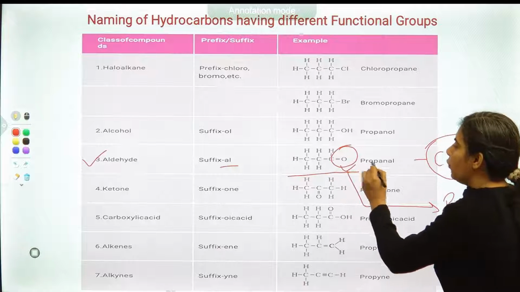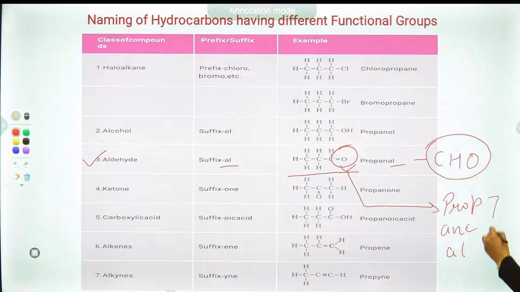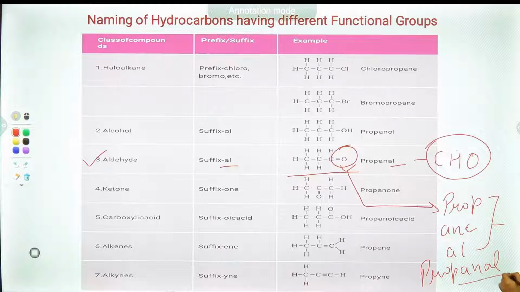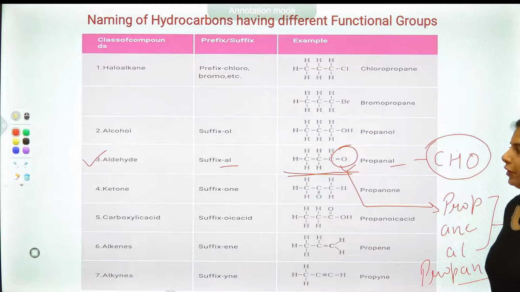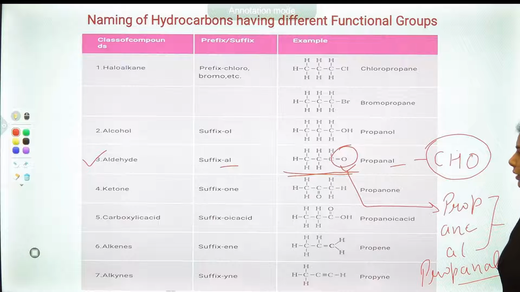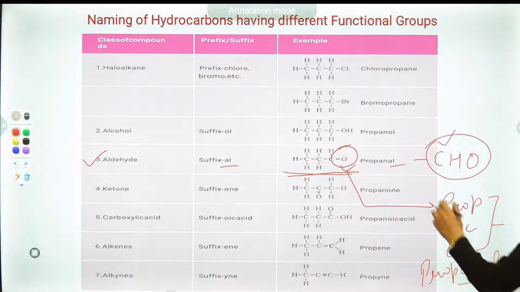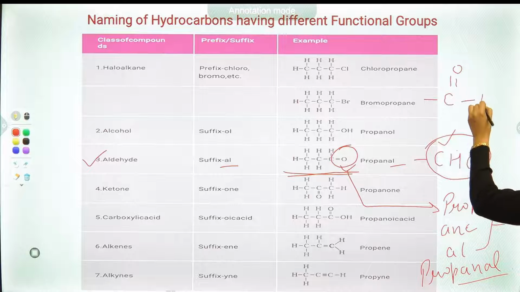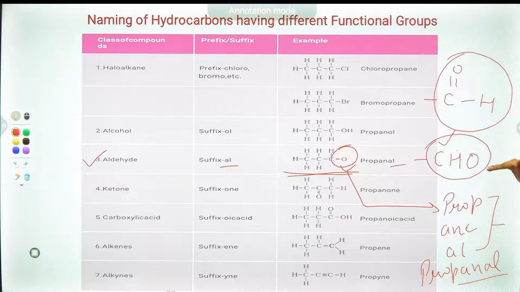And for functional group, we are going to write al. And when we will club, we will come up with propanal. This is the name of our compound where the functional group is aldehyde. If I talk about the functional group, I can write it as C double bond O, H. This is the exact representation of aldehyde group.